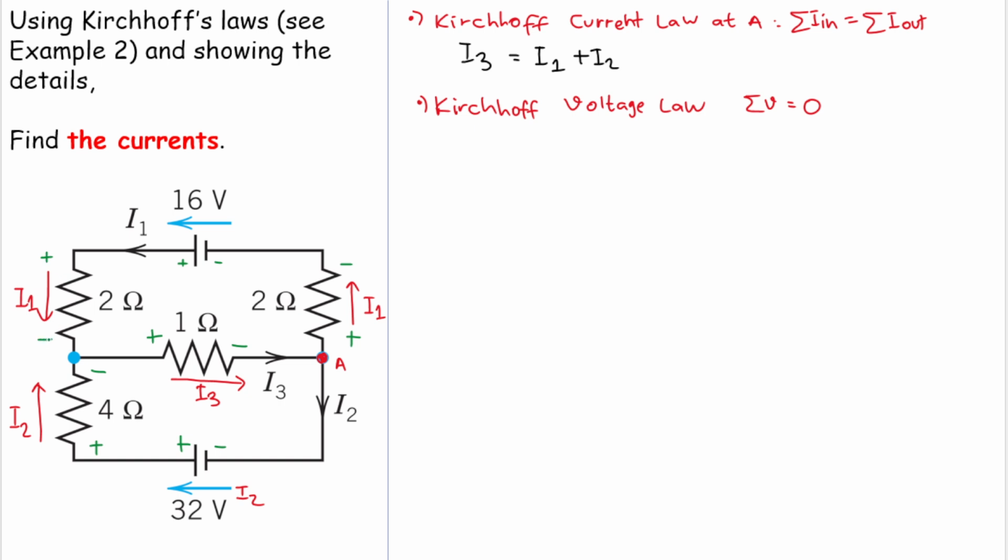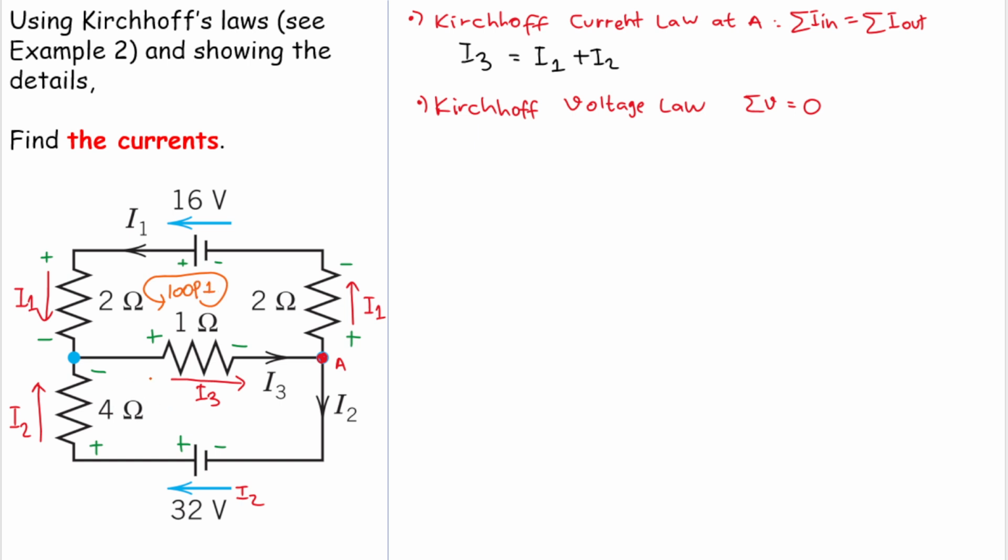Good. Now let's draw the loops. Okay, maybe let's use another color here. So for this loop, this is going up, going to the left, going down, and going to the right. So I think I will have to use a counterclockwise loop here in the top loop. So let's name this loop 1.